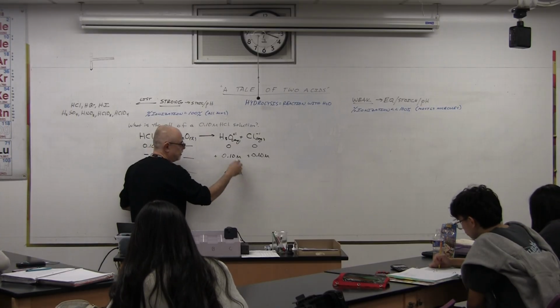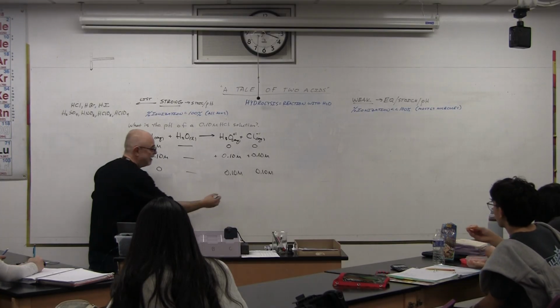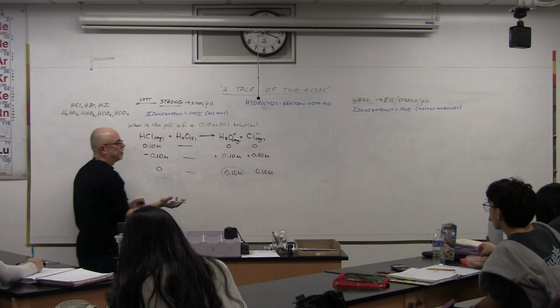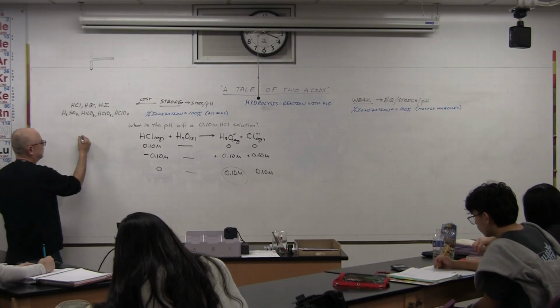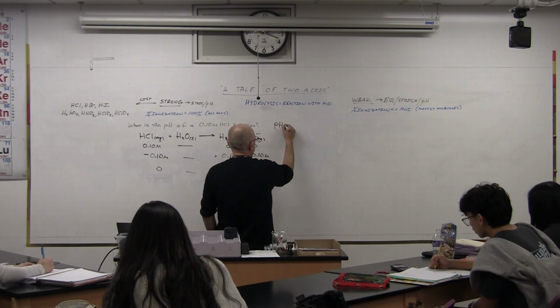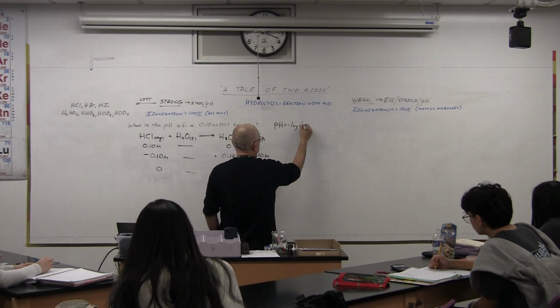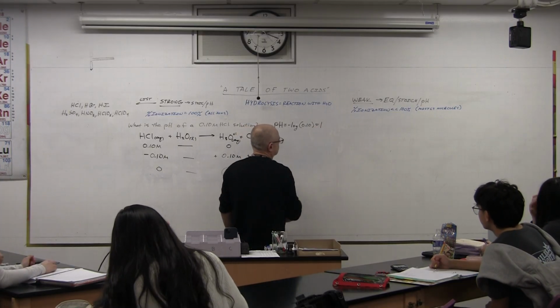Well, it's not even equilibrium, but at the end of the reaction, we have 0.1 molar concentration of hydronium. And that's all we really need to find the pH. We just plug it into the pH equation. So from here, to get the pH, we would just write negative log of 0.1, and of course mathematically that equals 1.